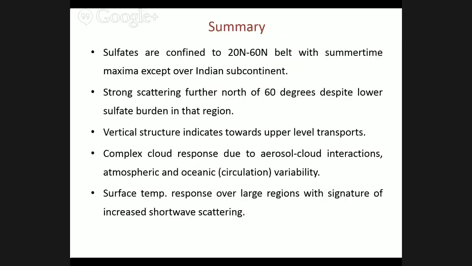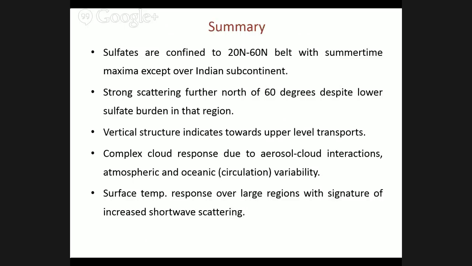And with that, I'll summarize today's talk. We know that sulfates were confined to the 20 north to 60 north belt with summertime maxima, except over the Indian subcontinent. There was strong scattering further north of 60 degrees despite lower surface burden in that region, as you saw. The vertical structure of the sulfates showed that there were upper level transports. The cloud response was complex due to aerosol-cloud interaction and atmospheric and oceanic circulation variability.